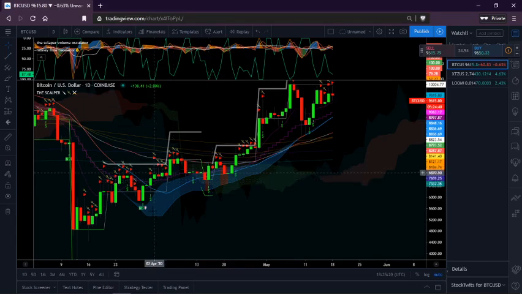And then this cloud here is again a wave function of two lines that coincide, and then when they cross, right? So that's the basis of how my chart indicator works.